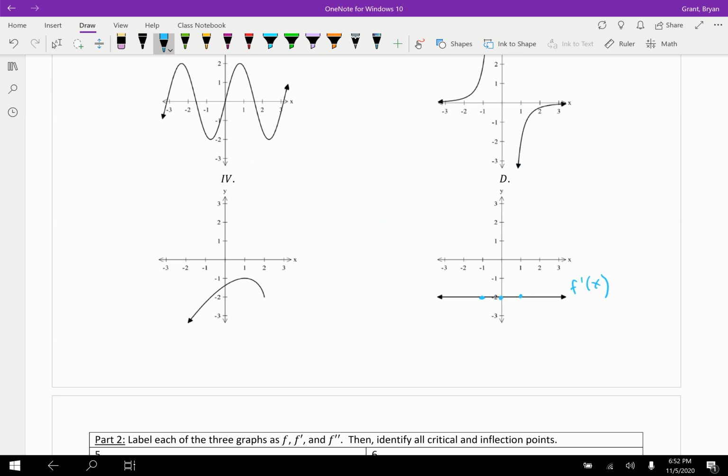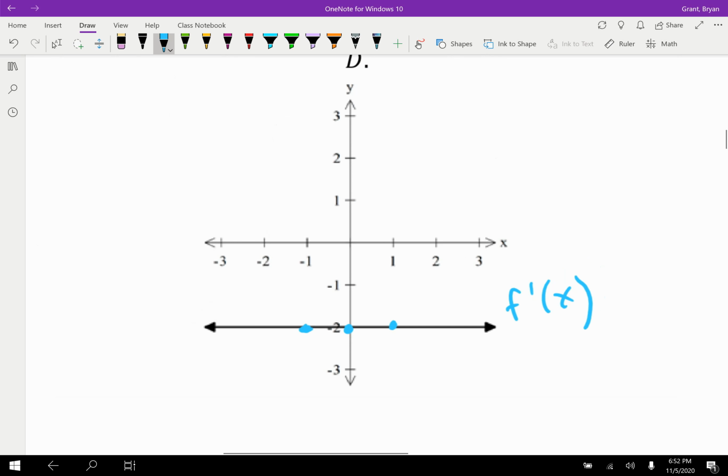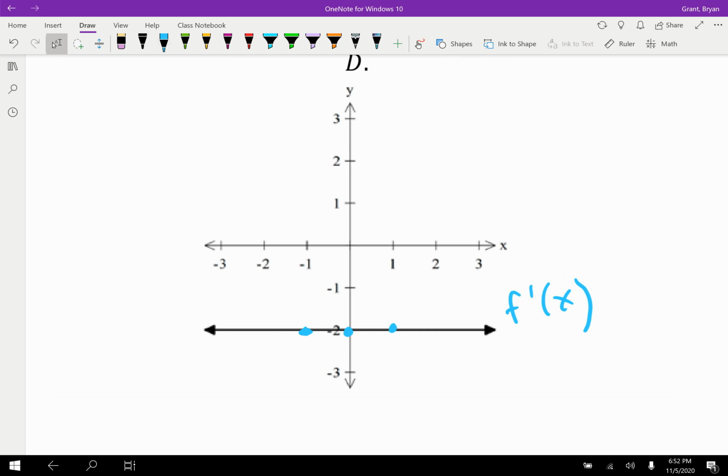Now here's where things get tricky. What do these points mean? Well, if we just focus on this point here, 1 comma negative 2, we need to remember that this point is in the form of an input x and an output f prime of x. And so what that's telling us then is x values on any graph are always going to be the location where something happens.